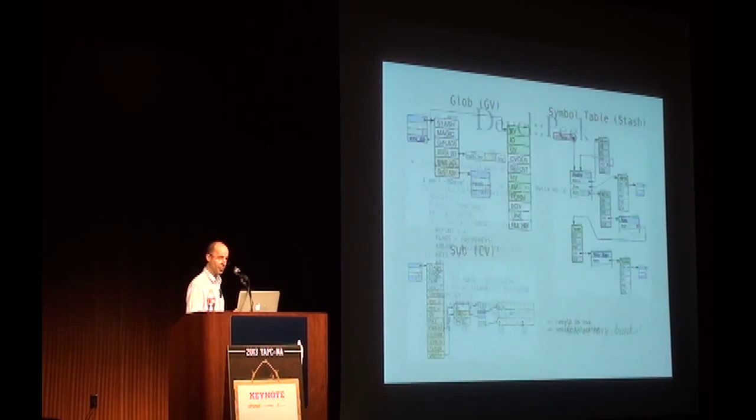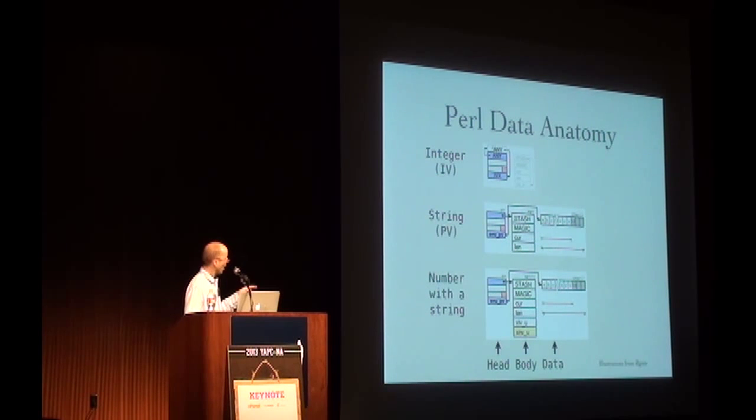And in the Perl internals, if we go back to here, the heads and the bodies now are all allocated from arenas, which is a very efficient fixed-sized allocation scheme, but still there's overheads. And one of the interesting side effects of the arenas is that there's an arena for each type of body. So if you allocate 1,000,000 arrays and then you free them again, the arenas that hold the bodies for the arrays have 1,000,000 bodies in that will never be freed.